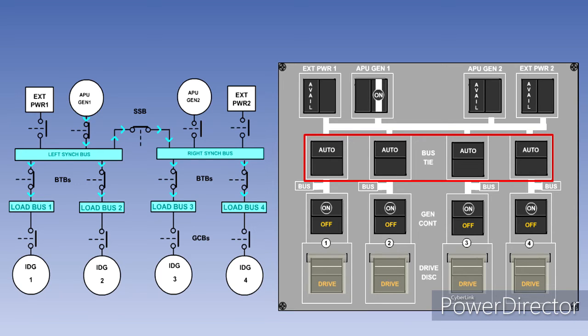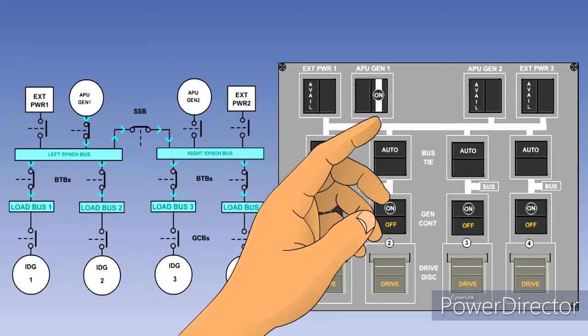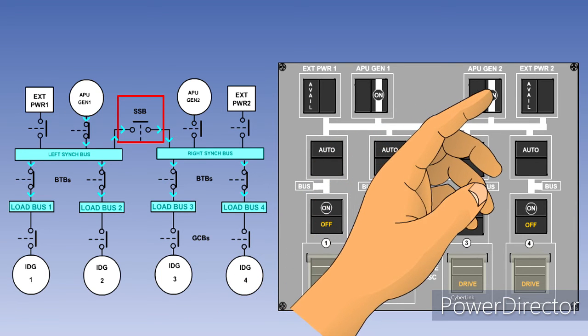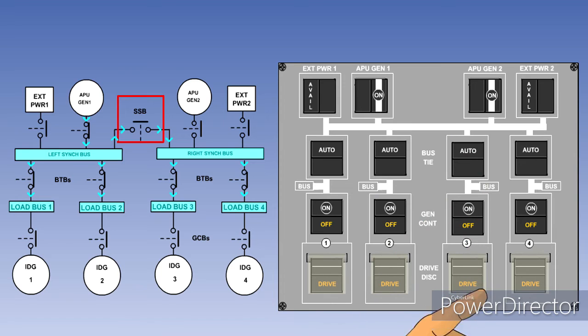Therefore, the selected source will power all four load busbars through their BTBs. If an APU generator or external power supply is connected to the other synchronizing busbar, then the split system breaker, or SSB, will automatically open to separate the two sources of supply.